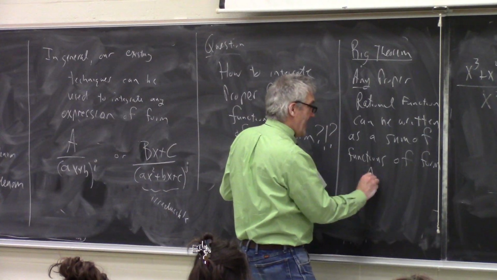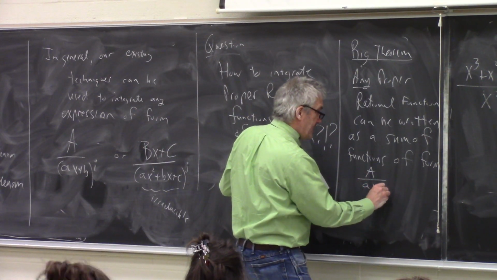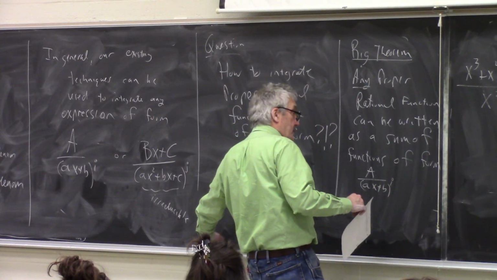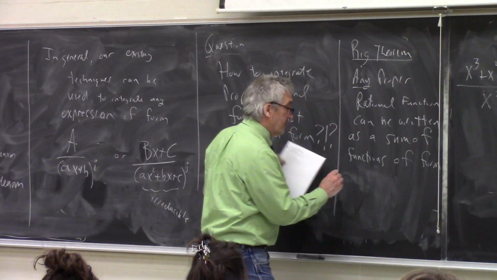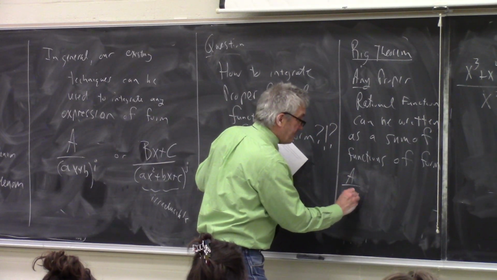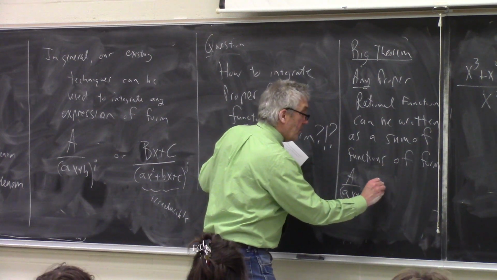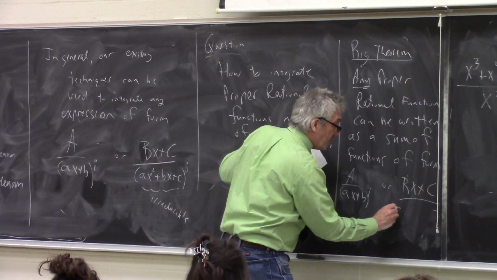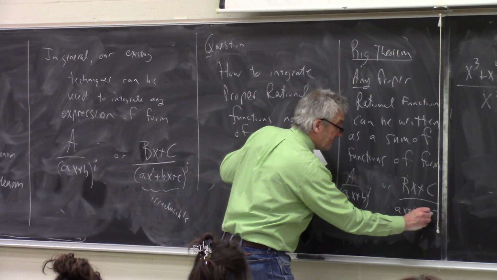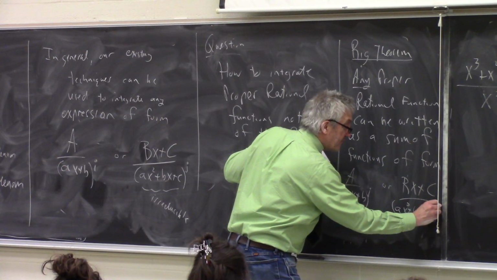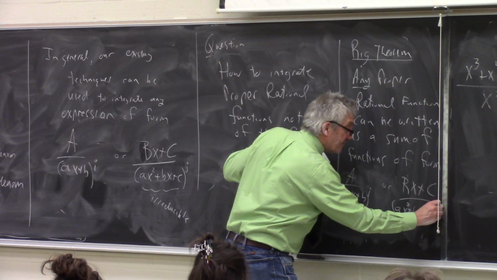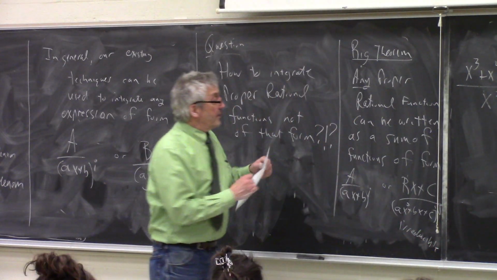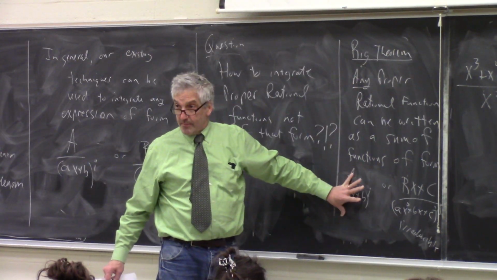So of the form A over ax plus b to the ith power, or Bx plus C over ax squared plus bx plus c, all to the jth power, where this is irreducible. So again, any proper rational function can be written as a sum of these things.